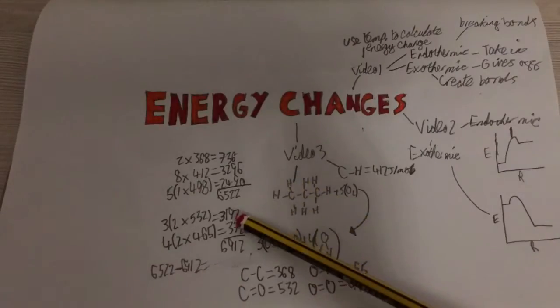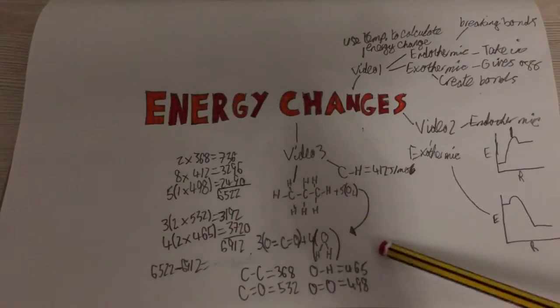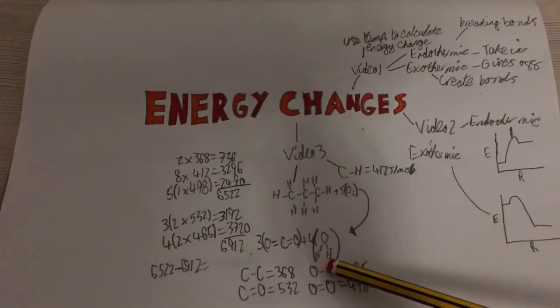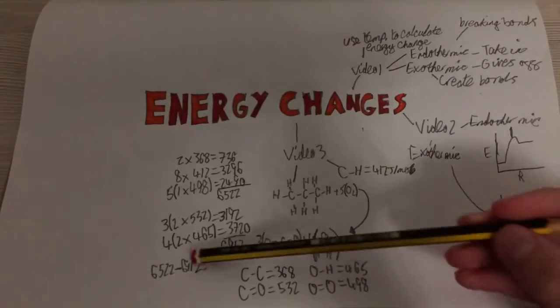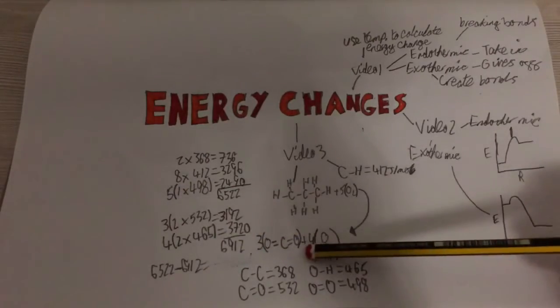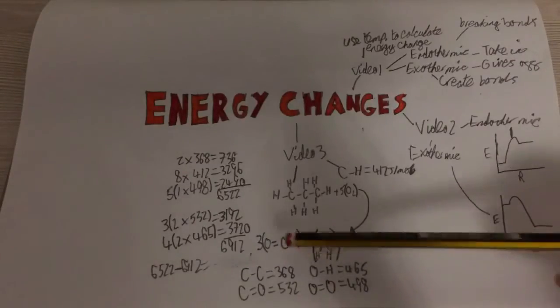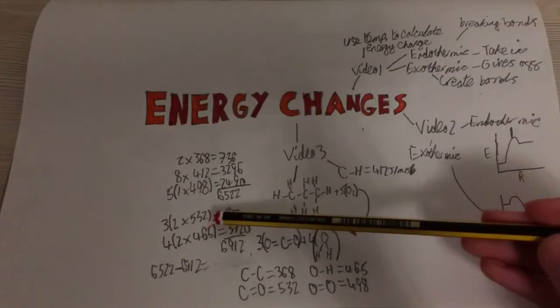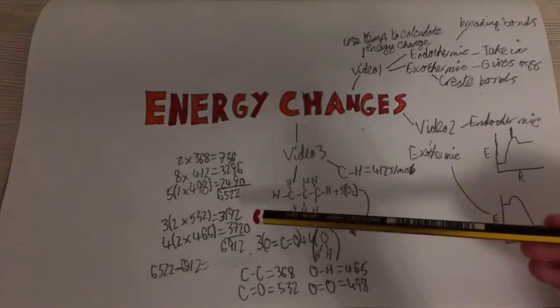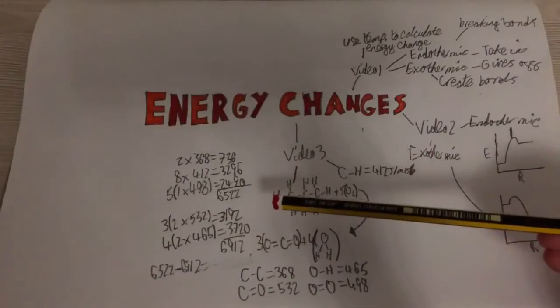Now, here's the energy given out as the bonds are created to form the products. You've got 3 lots of double bonded oxygen and carbon, which is 3 lots of 2 times 532, which gives you 3,192.